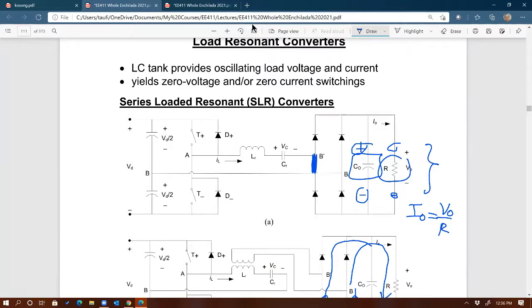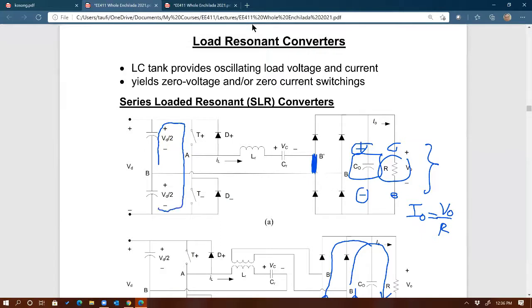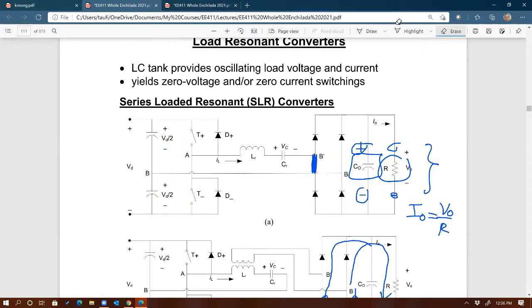There are probably several ways to determine this, but the easiest one would be to look at this loop right here. You can see that anytime none of the devices is conducting, you're going to have voltage across here as well as across there, and that voltage is VD over 2 by KVL. Same thing over there, VD over 2.